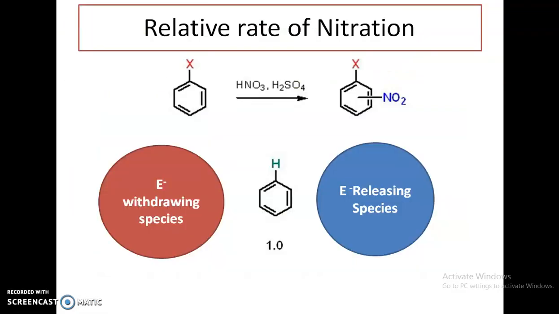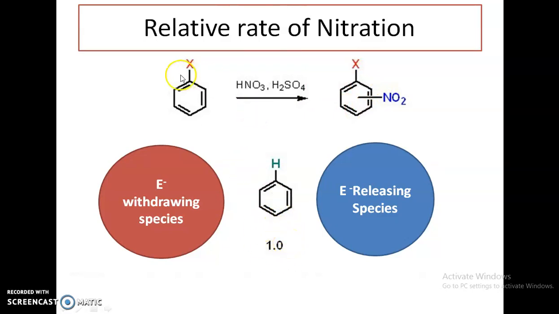So when I say electrophilic aromatic substitution reactions, let me tell you what exactly it is. If I take an example of a benzene ring, when X is H, and it undergoes a nitration reaction in the presence of nitrating mixture HNO3 and H2SO4, I get nitrobenzene. However, the relative rate of nitration for this reaction is 1.